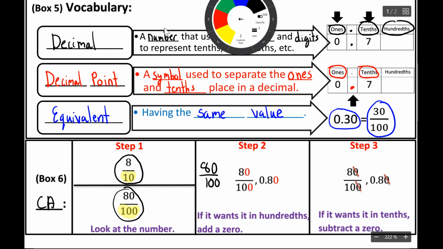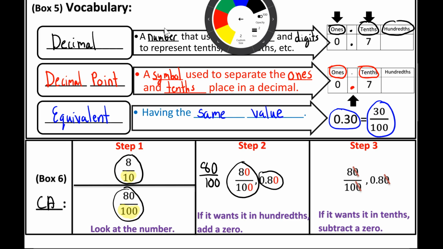And then when I write it out, again, I would just write it out as 0.80 in decimal form, okay?